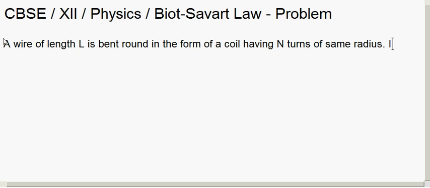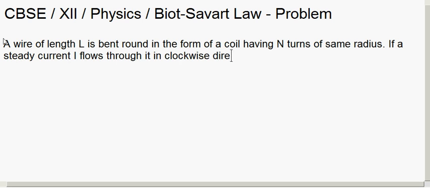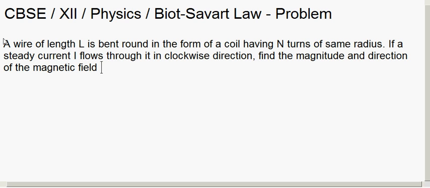If a steady current I flows through it in clockwise direction, find the magnitude and direction of the magnetic field produced at its center.